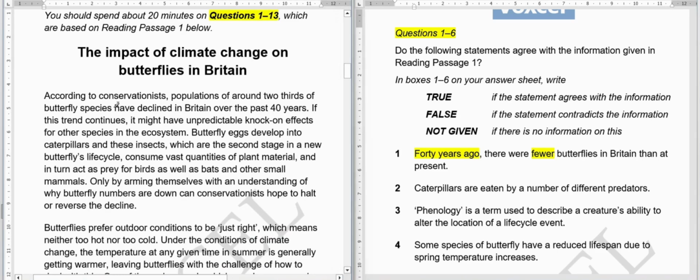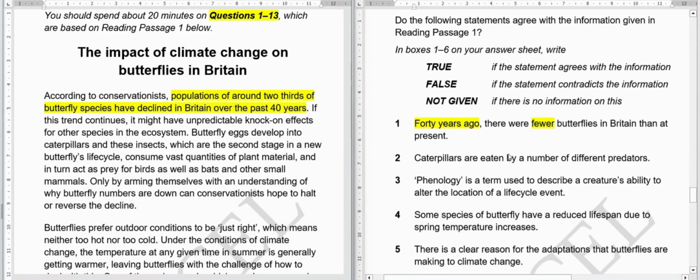Let's read together. According to conservationists, the population of around two-thirds of butterfly species has declined in Britain over the past 40 years. So here is our location, and this is basically our answer. The population of around two-thirds of butterfly species has declined in Britain over the past 40 years.